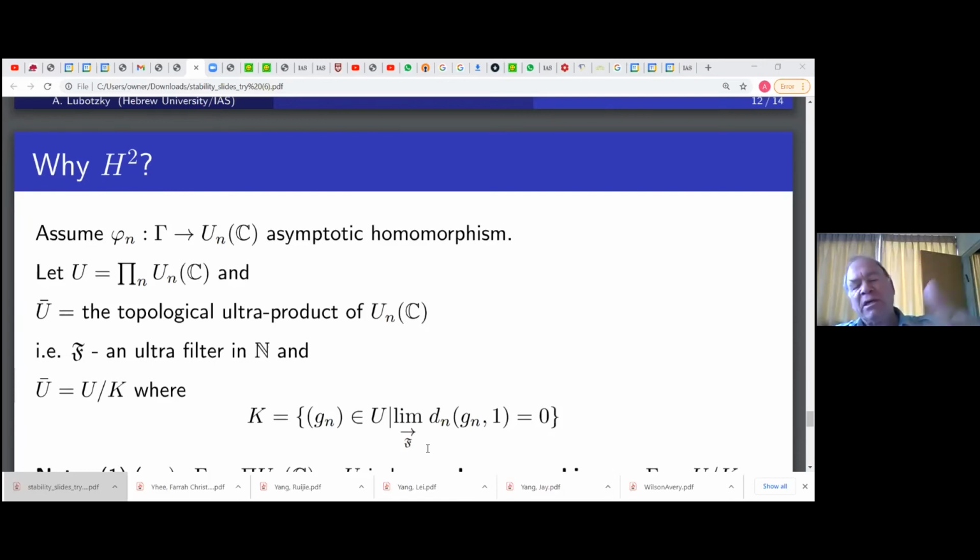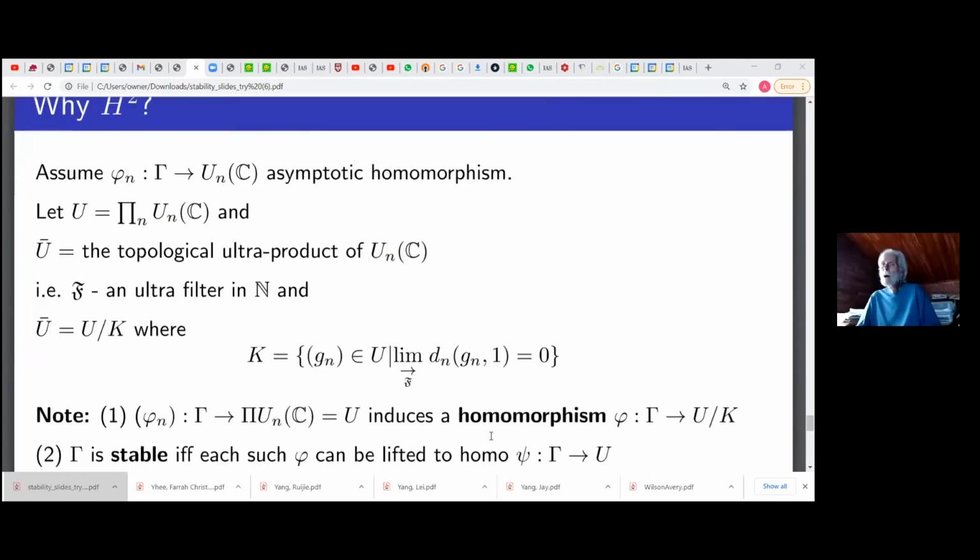Think for a second: you divide by the sequence of all elements which converge to the identity. The distance between them and the identity converges to 0, namely they converge to the identity. This language does something fantastic for you.